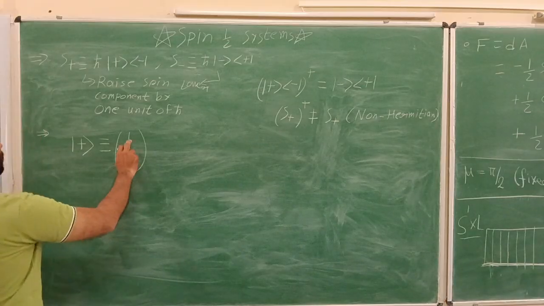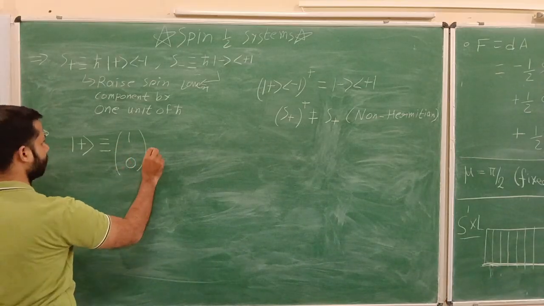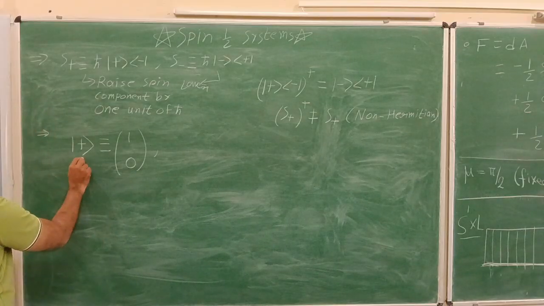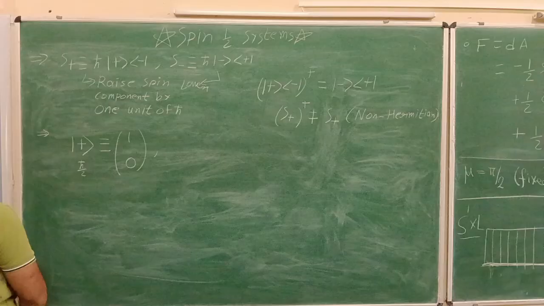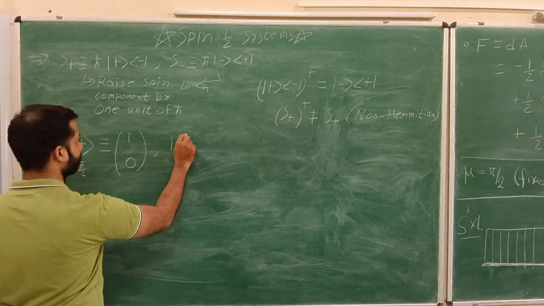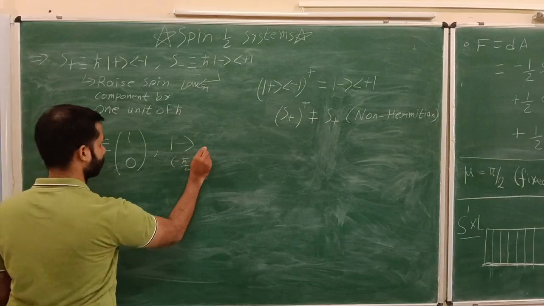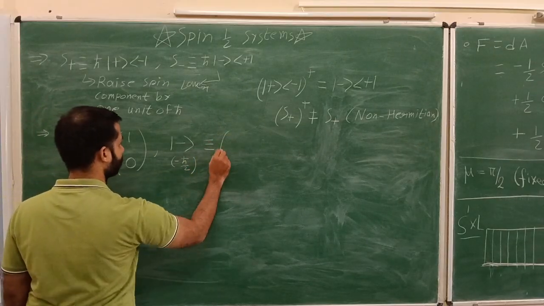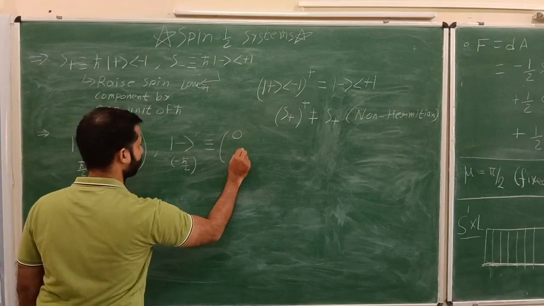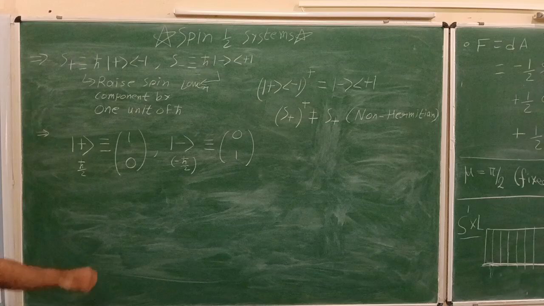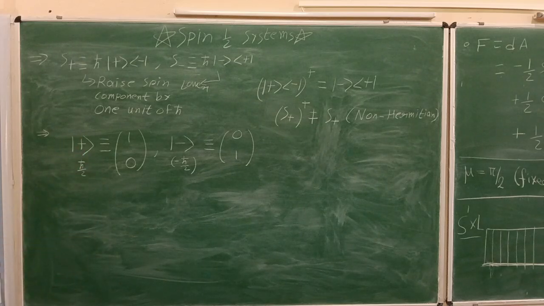So the highest angular momentum value will be the first entry. This corresponds to the highest, which in our case is plus h bar by 2. Then this is minus h bar by 2. This is how we will represent them. This is a two-dimensional complex vector space. We are trying to represent them there.